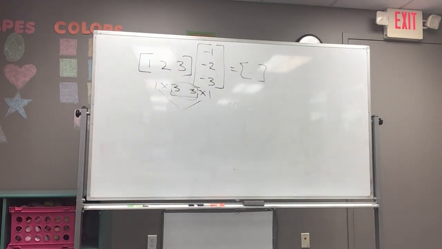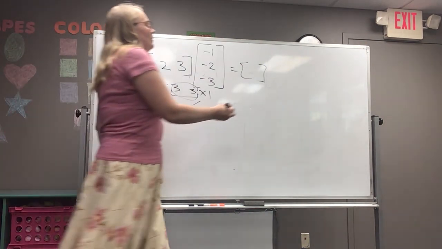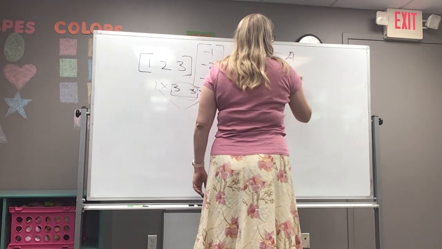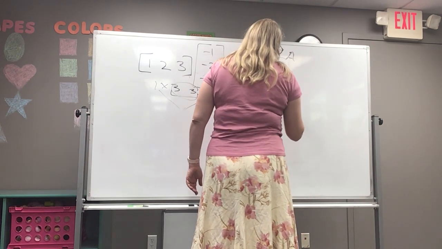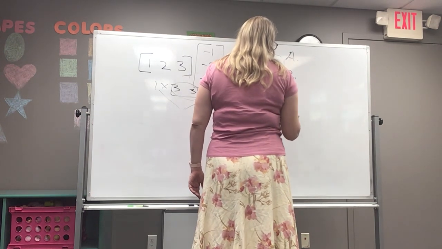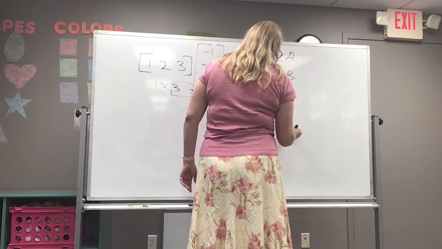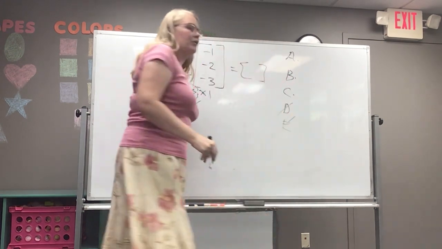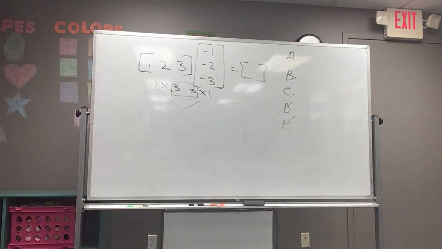So right off the bat, A, B, and C are -14, 0, and 14. D and E are these giant 3 by 3 matrices. So A, B, and C are still in contention, and D and E are out of the running just because we know the nature of the problem.